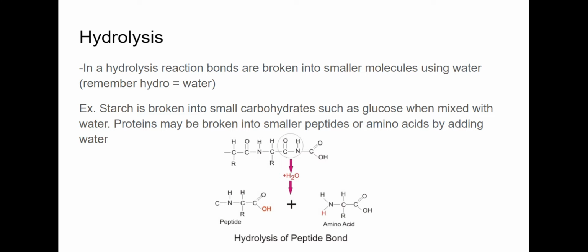Okay, so that's hydrolysis. Now we're going to go the opposite way. Things can undergo hydrolysis where you add water. We can also take away water. Do you guys know what that might do? Dehydration synthesis, yeah. It's just going to be the opposite of this. It's going to be taking things and adding them together.